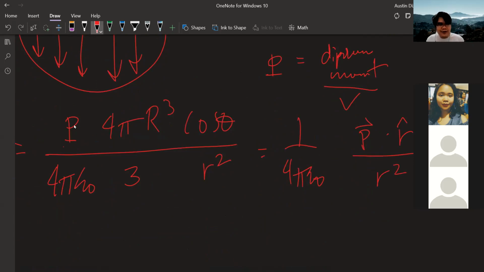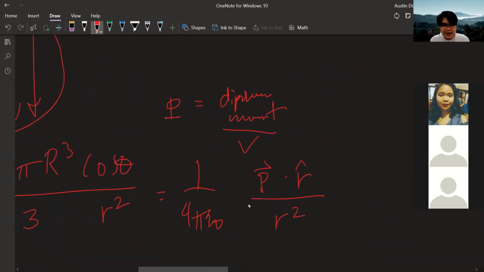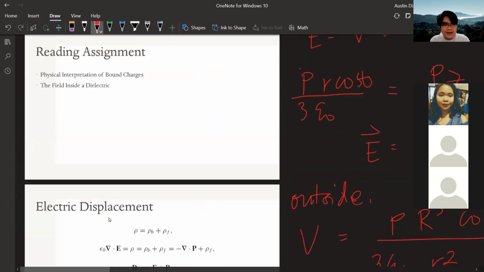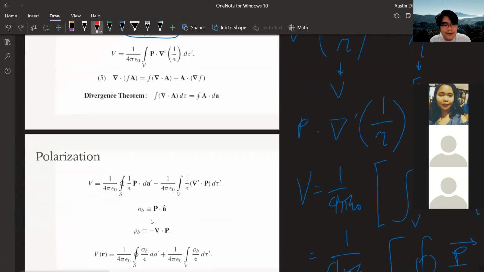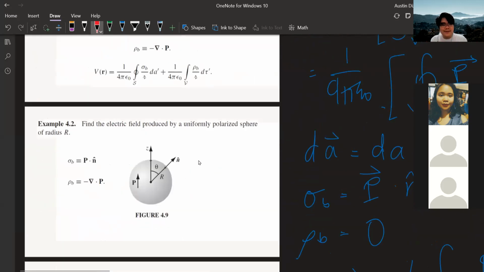Okay? So, si P mo kasi ay directed upwards. So, shortcut ko na lang. And what is this? This is your field for a dipole. Nakita natin yun dito kanina. Field for a dipole. Where are you? Yan. Okay? In general lang to. Pero since naka-Z naman tayo, rekta na.